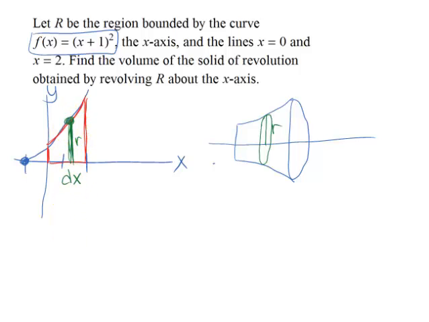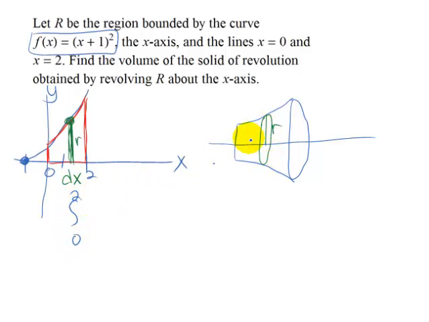So when you figure these out, you want to visualize, not memorize. You don't want to try and memorize some formula for the disk method. You want to draw a picture and say, okay, what I'm going to do is find the area of this circle here, multiply it by a little thickness dx, and sum all of those up, in this case from 0 to 2. So we've got the integral from 0 to 2.